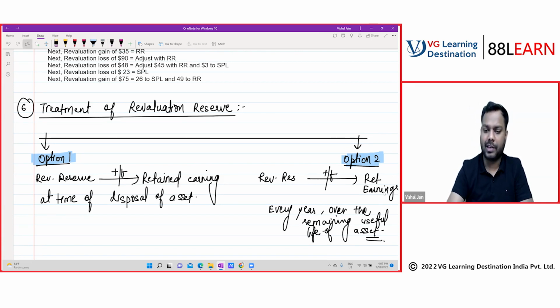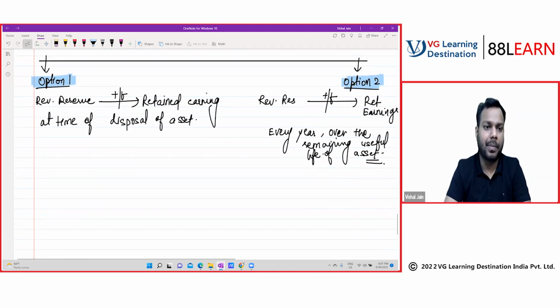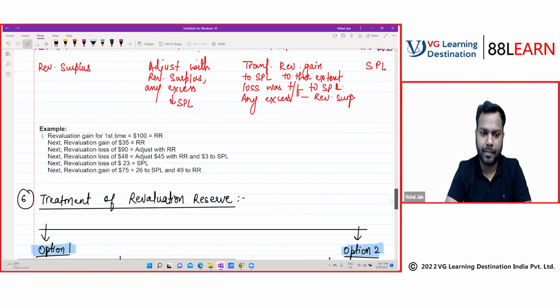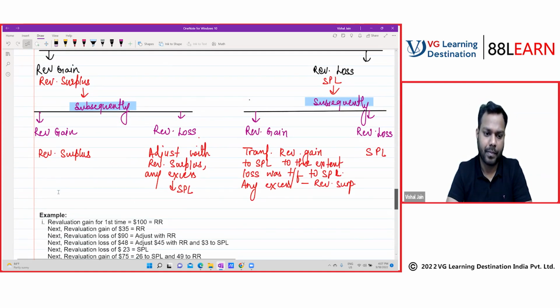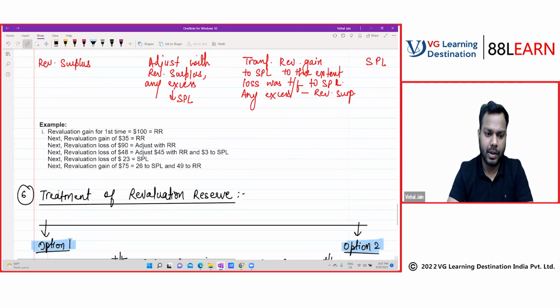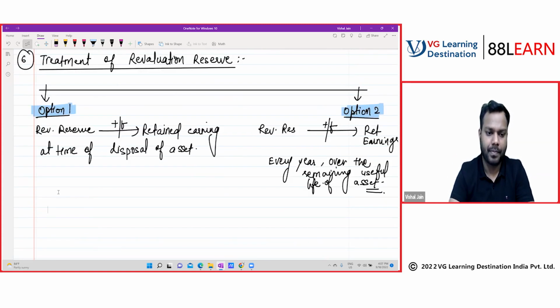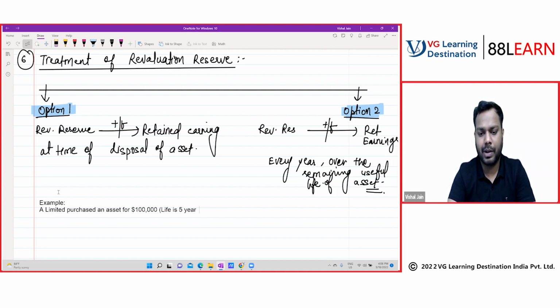Now, let me take up an example and explain it to you. Example: A Limited purchased an asset for $100,000. Life is 5 years.